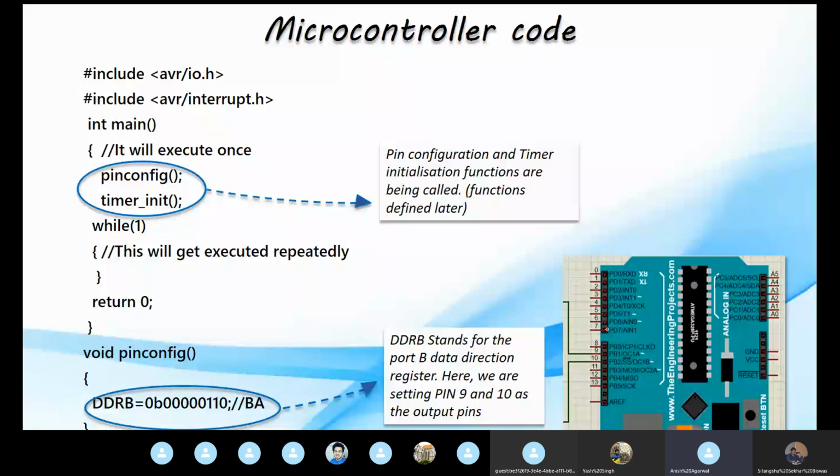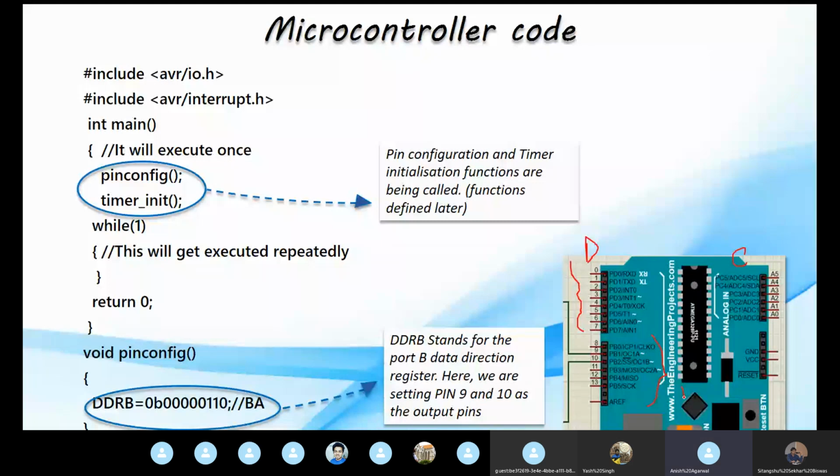So the 6 analog pins come under port C. The digital pins from 0 to 7 come under port D. And from 8 to 13, these come under port B.